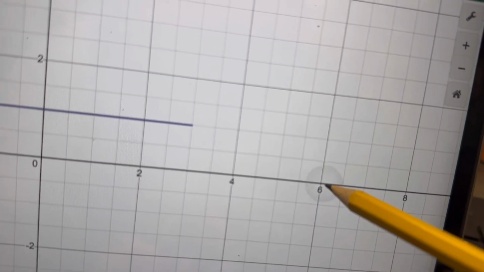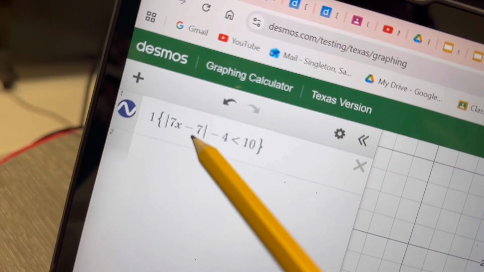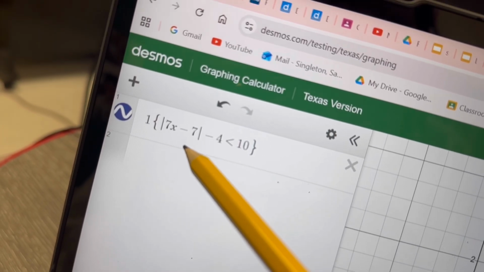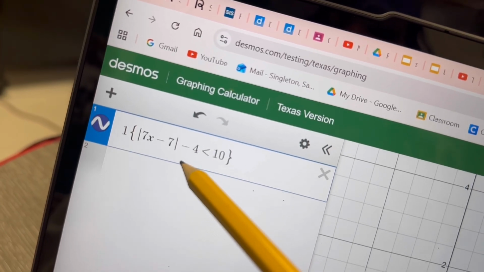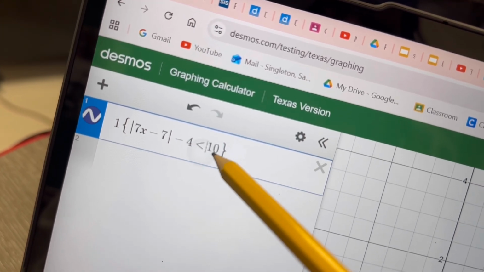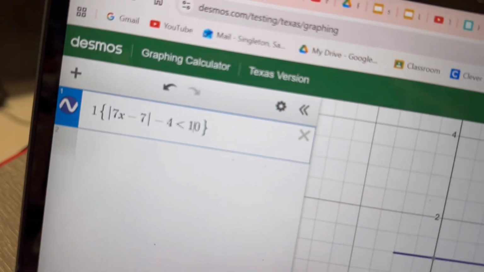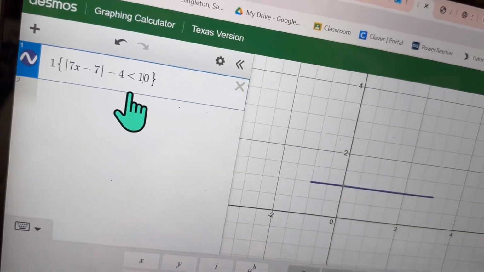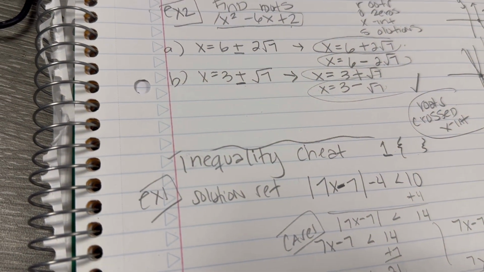What's 7 times 6? 42. What's 42 minus 7? 35. The absolute value of 35 minus 4. 35 minus 4 is 31. Is 31 less than 10? No, it's not. So you can also plug in numbers to see if it satisfies your inequality. So your answer is from negative 1 to 3. Make sure you draw that out.